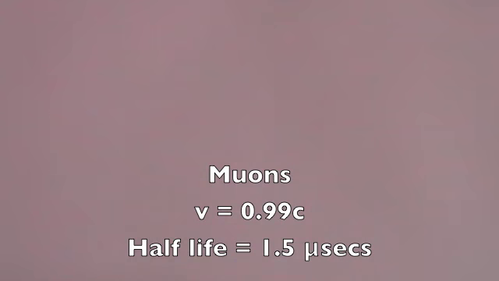But as they fall to Earth, they decay. The important thing is that the half-life, that is, the time for the number of muons to halve, is 1.5 microseconds. And they travel at almost the speed of light, about 0.99 times the speed of light.